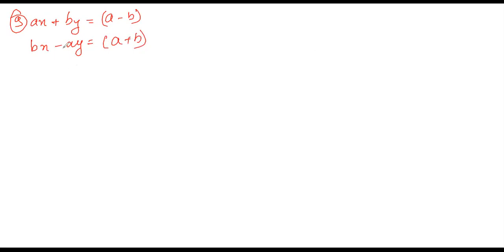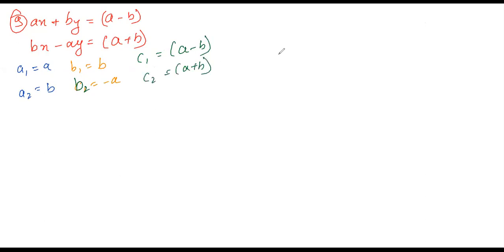Now in this one, first of all, you go for a1 equals a, a2 is b, b1 is b, and c1 is minus a. Then, sorry, this would be b2. Now c1 is a minus b, and c2 is a plus b.